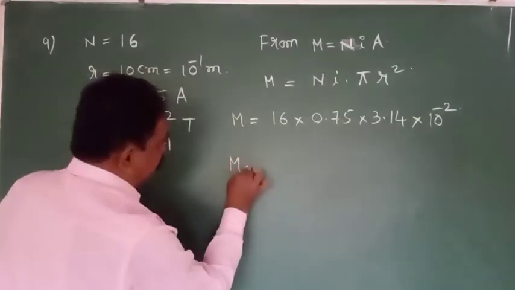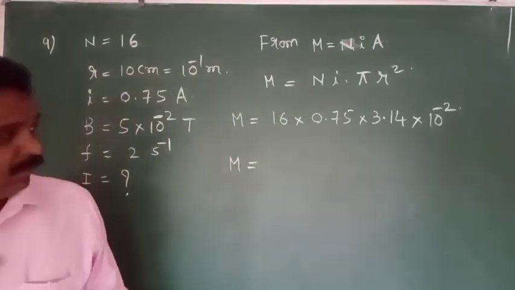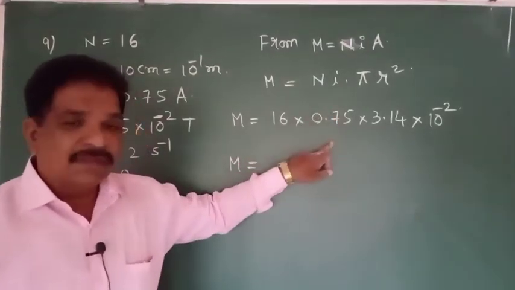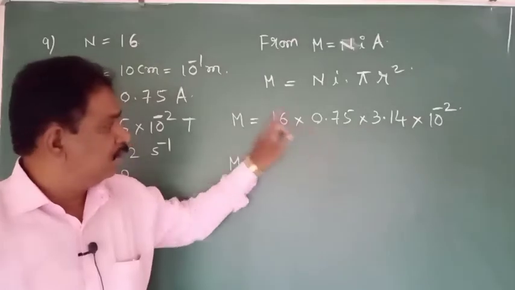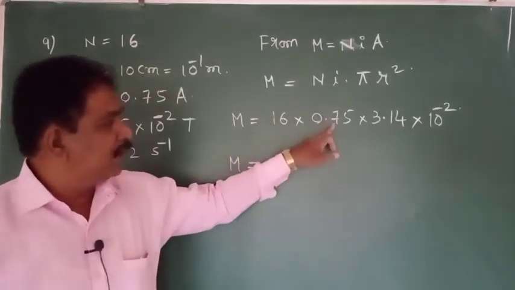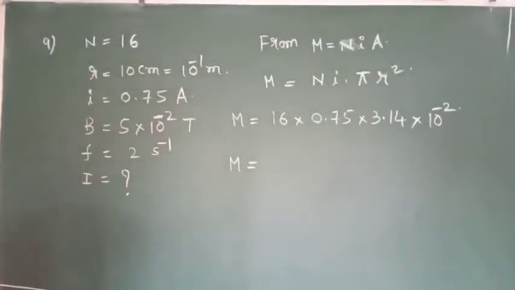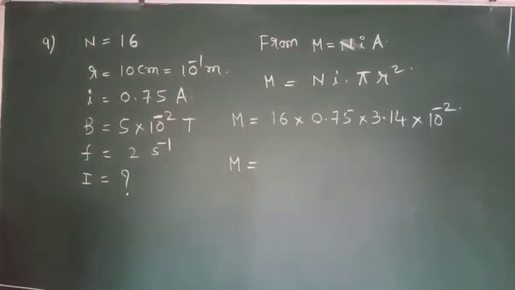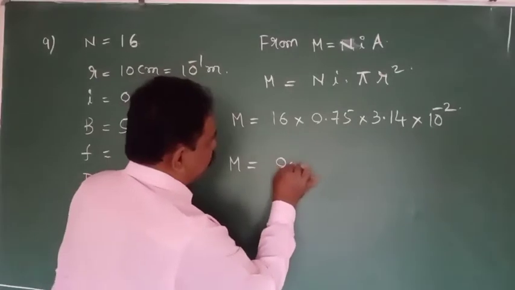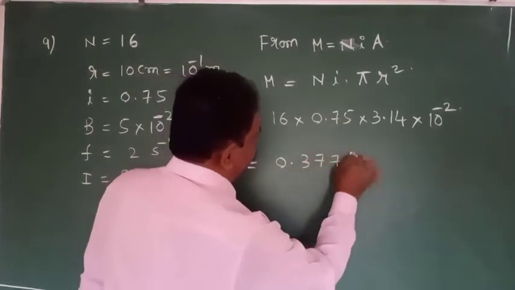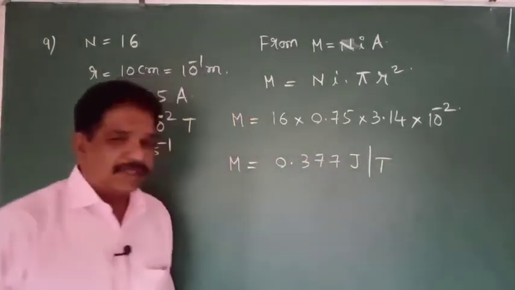If we calculate this value, 0.75 means 3 by 4, the 4s will cancel. 4 into 3 means 12. 12 into 3.14 we have to calculate. Finally this value will be 0.377 joule per Tesla.